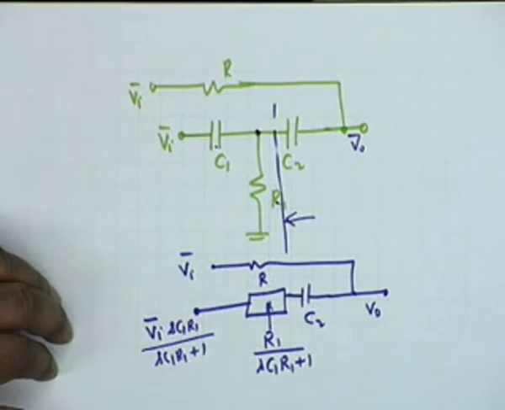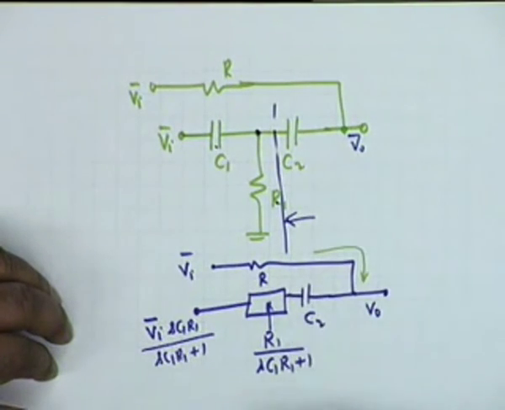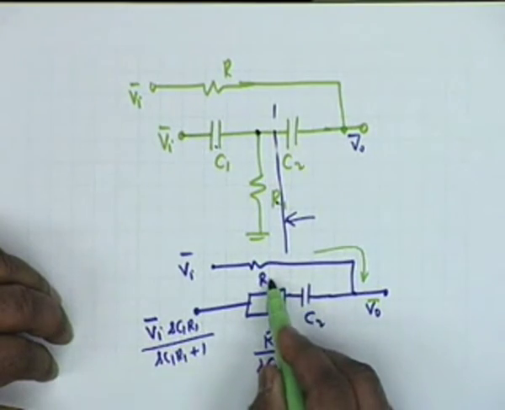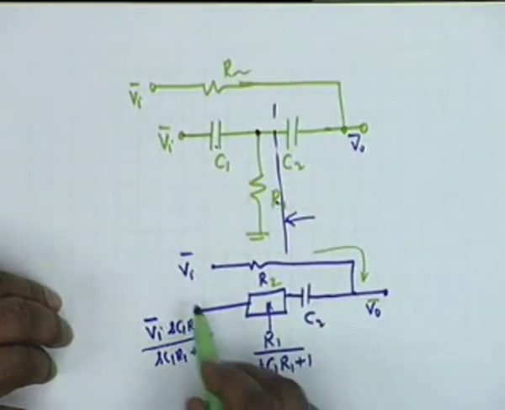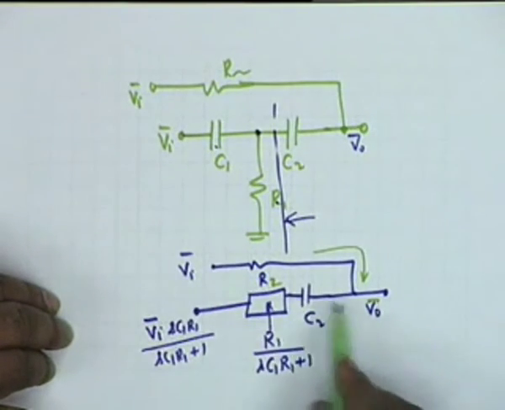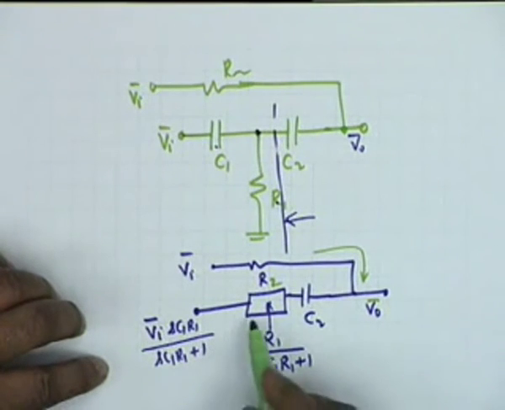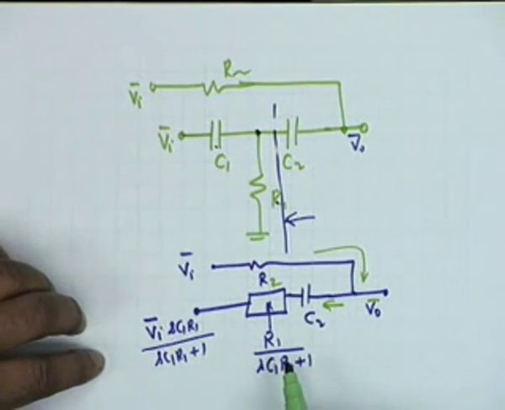All you have to do is to apply one KCL, that is this current, which is Vi minus V0 divided by R2. Was this R2? Yeah. Vi minus V0 over R2 should be equal to this current.